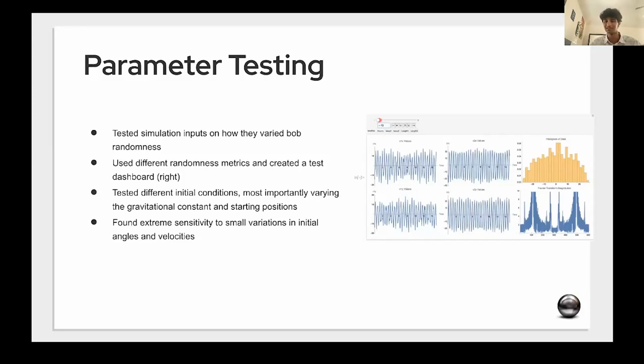That histogram is pretty good. It's one of the best ones we got. Through this process, we tested different initial conditions and found extreme sensitivities to small variations in initial angles and velocities, which Oxide was then able to use as inputs into the actual hash function.